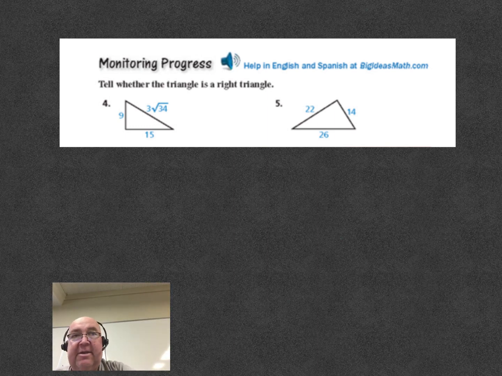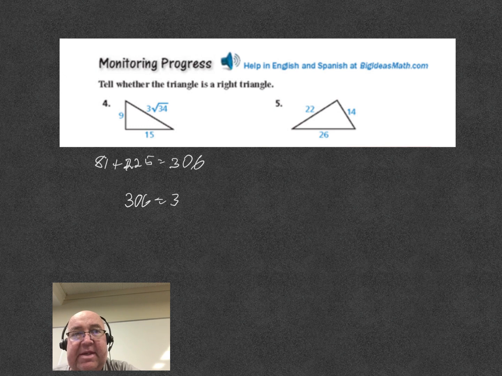Alright, so in this practice we want to go 9 squared, which is 81, plus 15 squared, which is 225, and see if it equals 9 times 34, which is 306. 81 plus 225 is equal to 306, so that is a right triangle, and I'm just going to put RT.